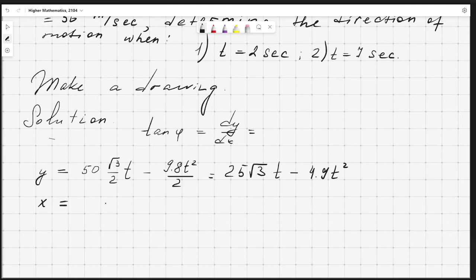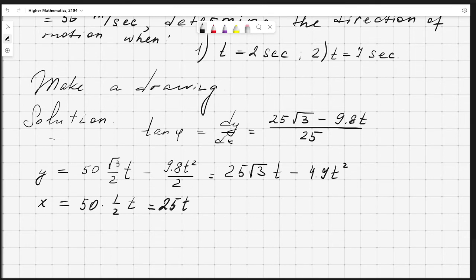X equals v0, 50, cosine alpha, 1 over 2, and we have dy equals 25 square root of 3 minus 9.8 t, over 25.